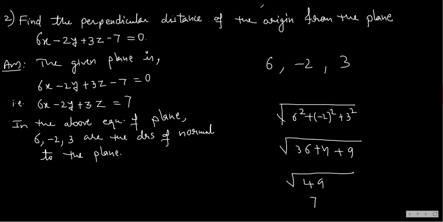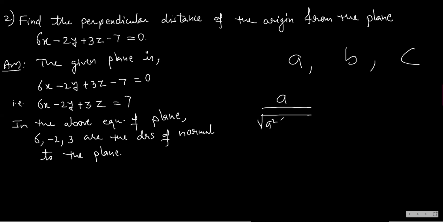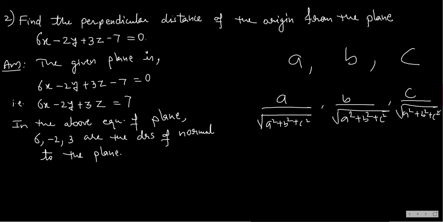If you remember, when I taught you how to get DCs from DRs, suppose the DRs are A, B, and C. Then the DCs will be A upon square root of A square plus B square plus C square, comma, B upon square root of A square plus B square plus C square, comma, C upon square root of A square plus B square plus C square. I hope you can now recall that.